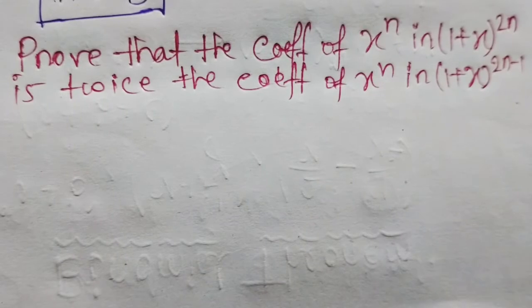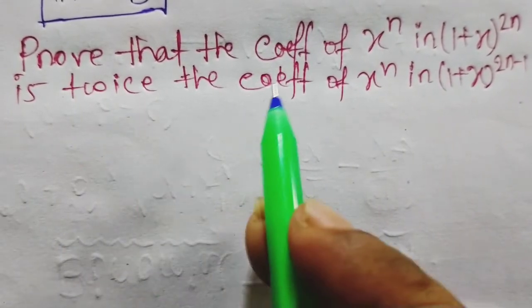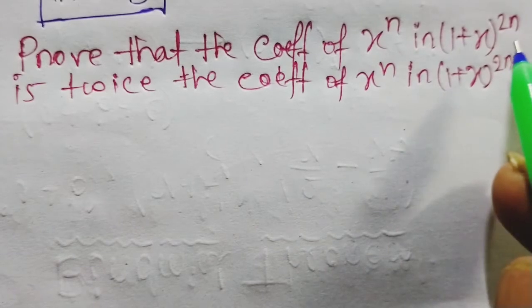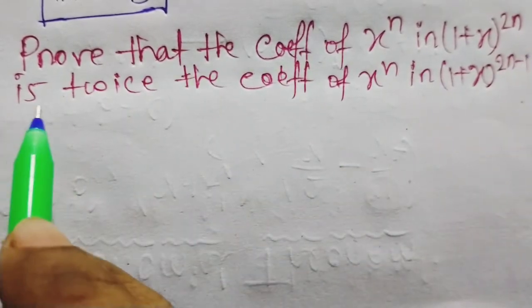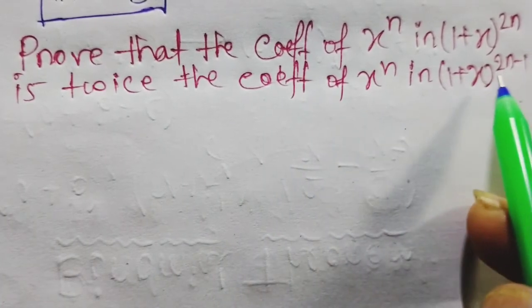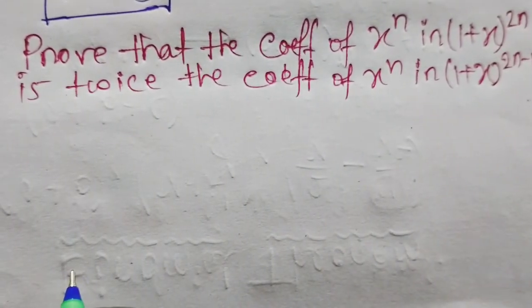Question number 9. Prove that the coefficient of x to the power n in (1 + x) to the power 2n is twice the coefficient of x to the power n in (1 + x) to the power 2n minus 1.